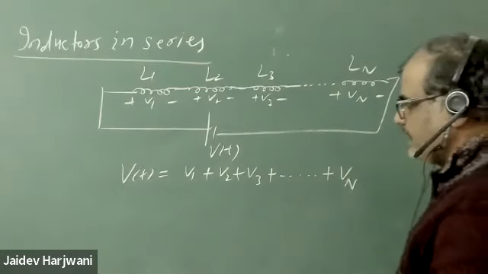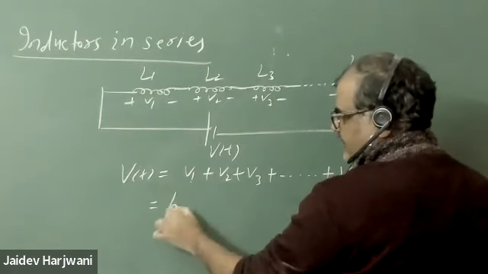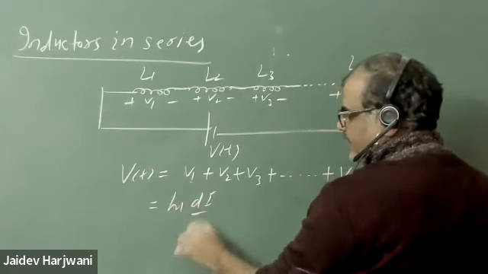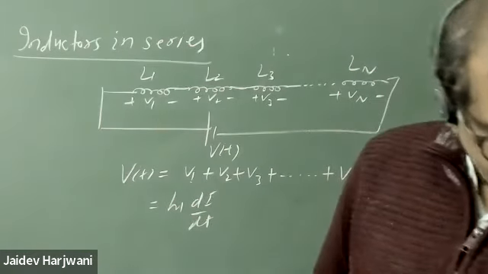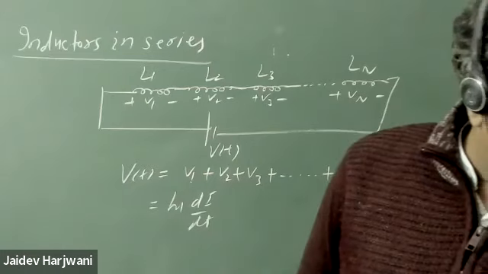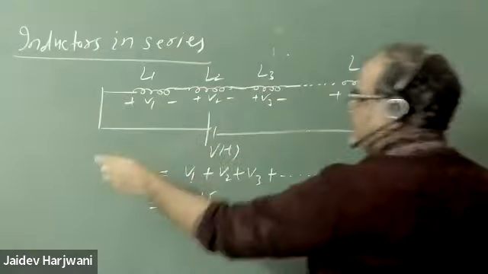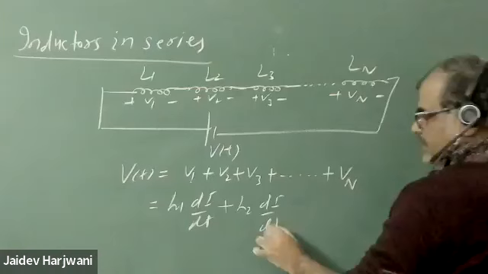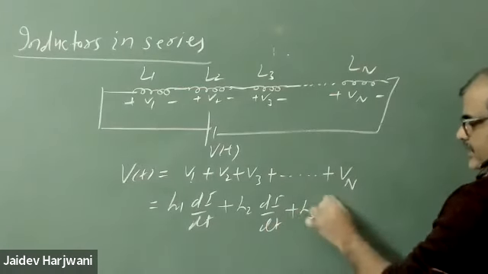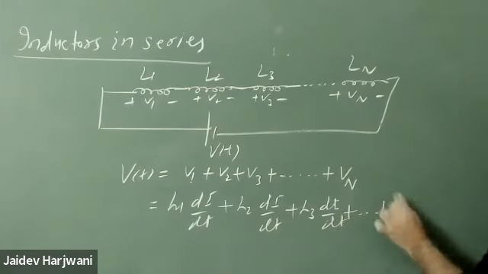And I know that V1 is equal to L1 di upon dt. Whatever source we are applying, that is giving the same change in current; di by dt is the same within the circuit. So L2 di upon dt plus L3 di upon dt, plus Ln di upon dt.